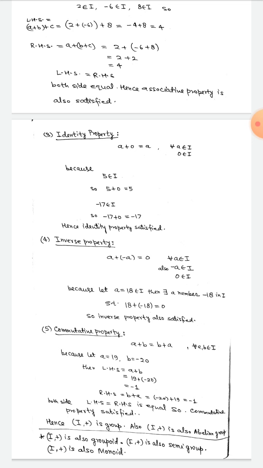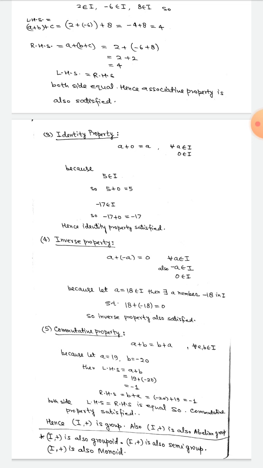Also (I, +) is a groupoid, (I, +) is also a semigroup, and (I, +) is also a monoid, because groupoid means the first property is satisfied, closure, and semigroup means two properties are satisfied, closure and associative, and monoid means 3 properties are satisfied, closure, associative, and identity property.